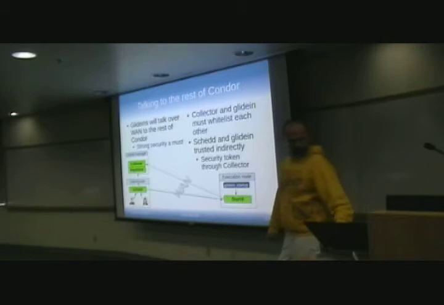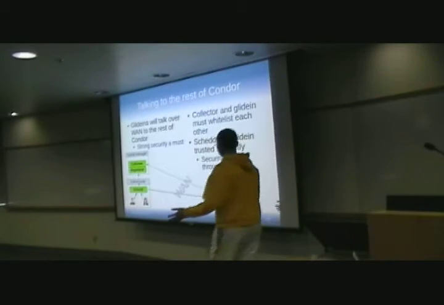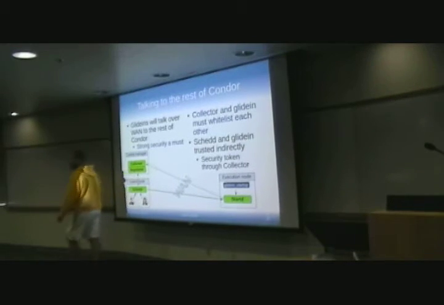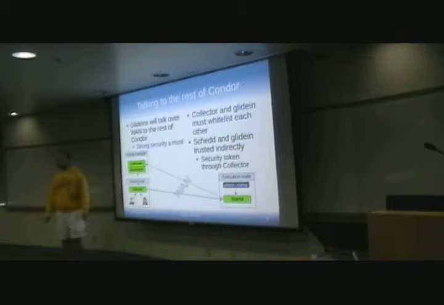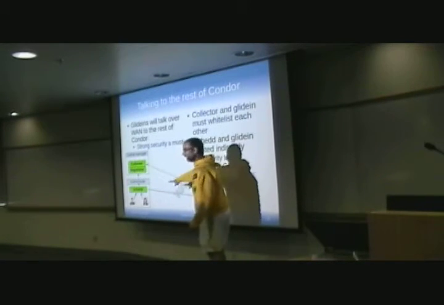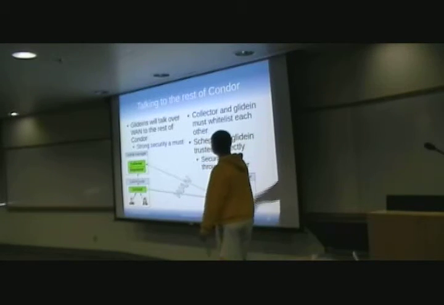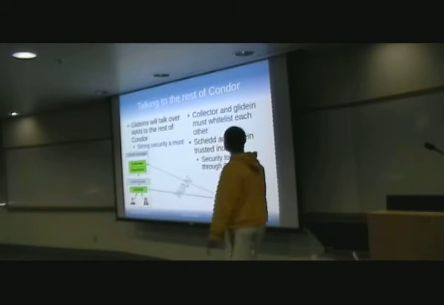Now a few security considerations. As you may expect, this and this will very likely be on different parts of the continent, if not of the world. So you definitely want to make sure that this communication is secure. And again, everything is GSI based in the glidein world.